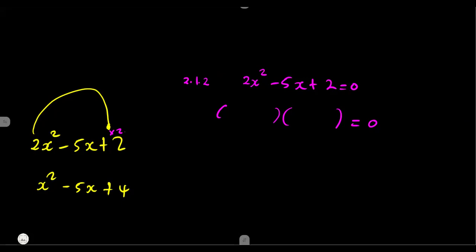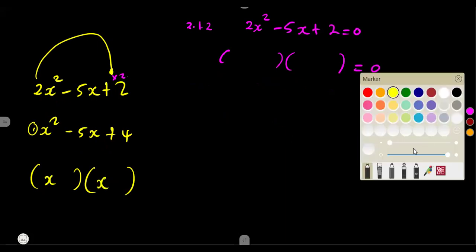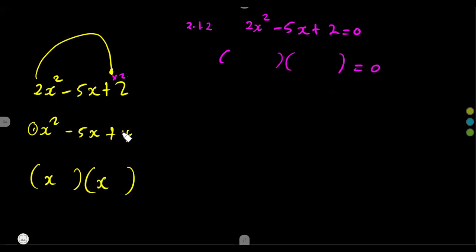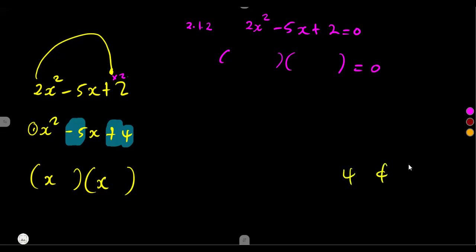So as you can see, this can be factorized. I said you're going to factorize this. All right. As we can have the coefficient of x squared, which is 1, you're going to put x, you put x. You are used to this one, where you're going to ask yourself, what are the products of 4, but they must add up to -5. So as you can see, guys, the number is already there, 4 and 1.